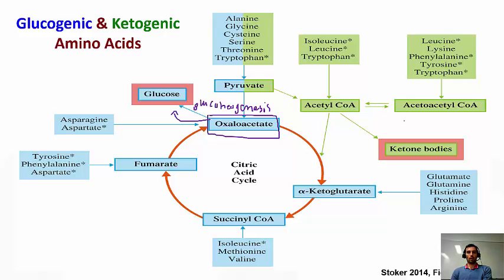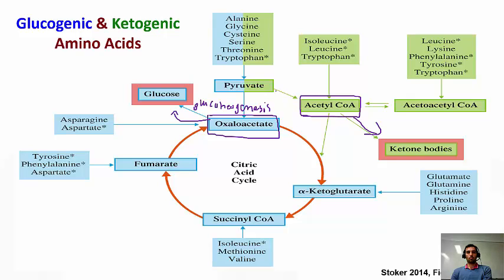Whereas the ones that get converted into acetyl-CoA can be used to make ketone bodies as well as feeding into the citric acid cycle. And we can't actually have acetyl-CoA being converted back to pyruvate because we don't have the enzyme to do this.